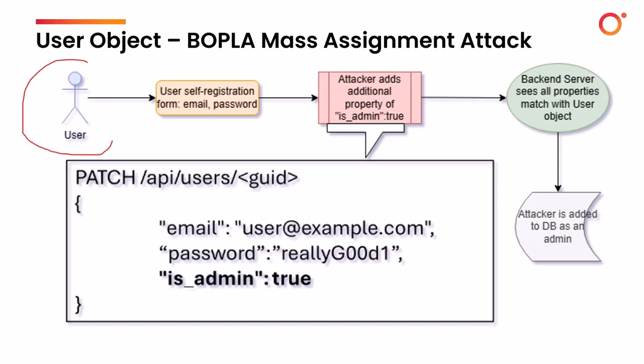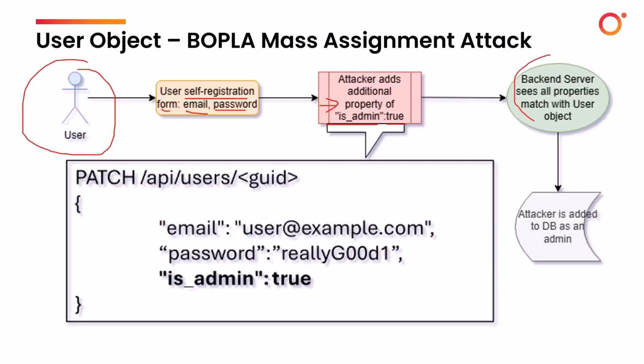So here we have our user. They're using a self-registration form that asks for an email and a password. However, the attacker makes a guess that there may be an additional property of isAdmin. Now, maybe it's not isAdmin, maybe it's role or something similar. And what they do is they set that to true, or they set role equal to admin.